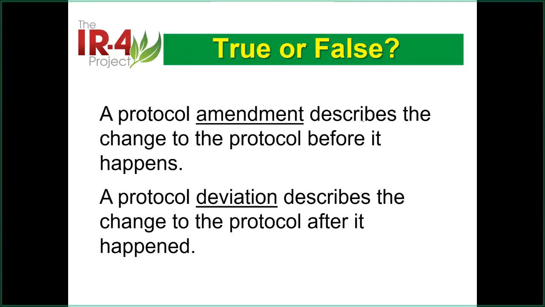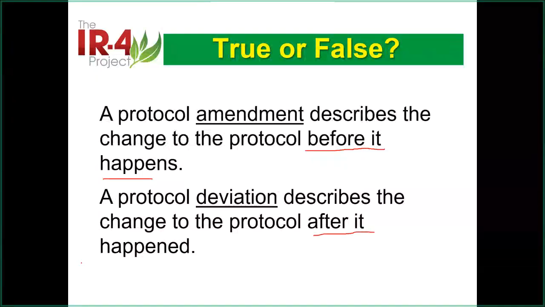Okay, in this one, the protocol amendment and protocol deviation, in EPA GLP we say this is a change. So we just make the difference there. The amendment is before it happens, and the deviation is after it happens. Is it true or false?